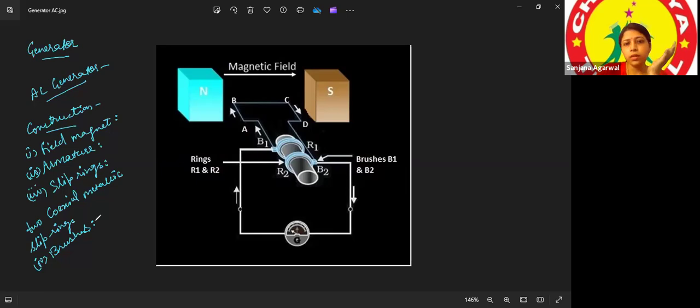The external circuit is connected between the other ends of the brushes. The brushes B1 and B2 do not rotate along with the coil.